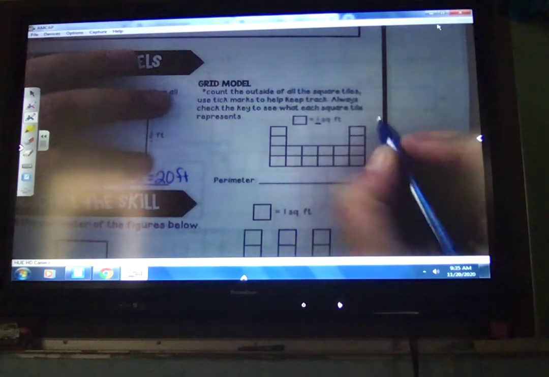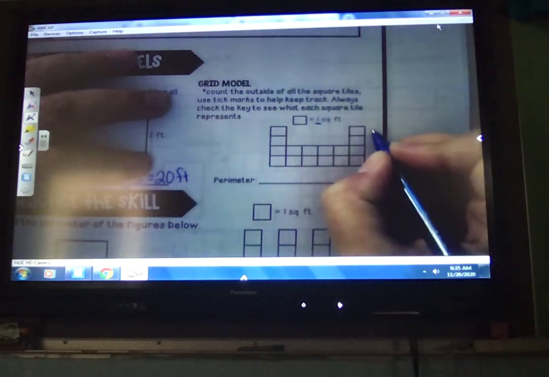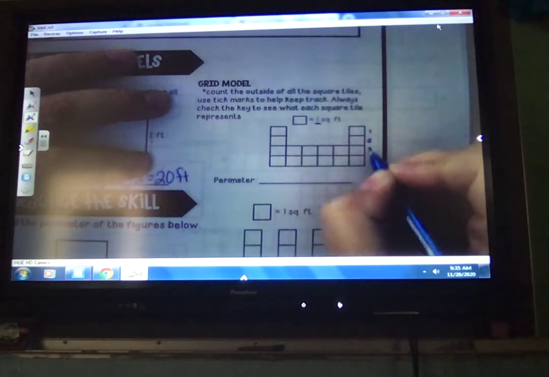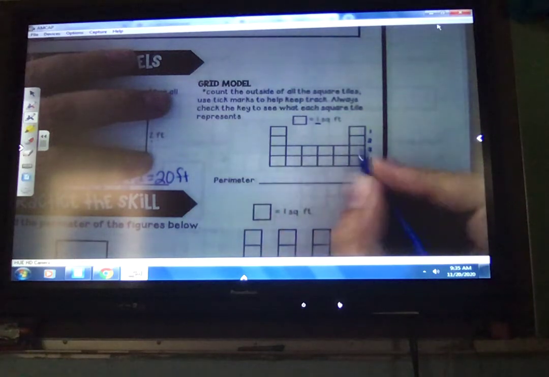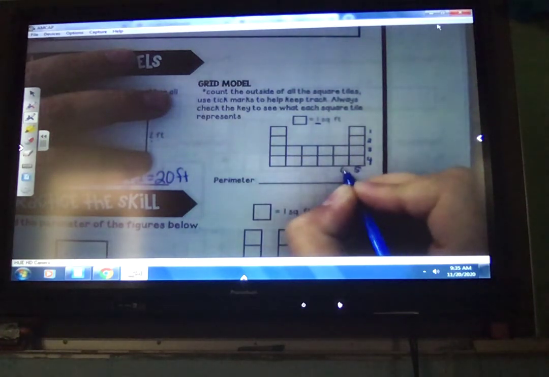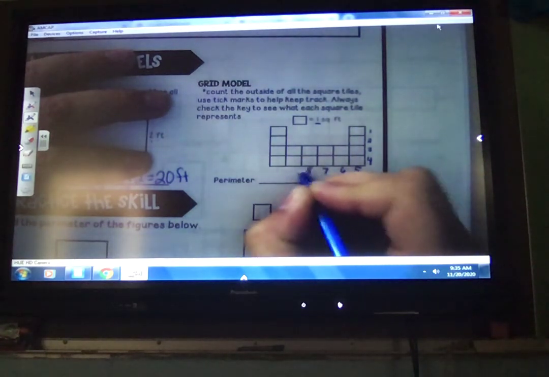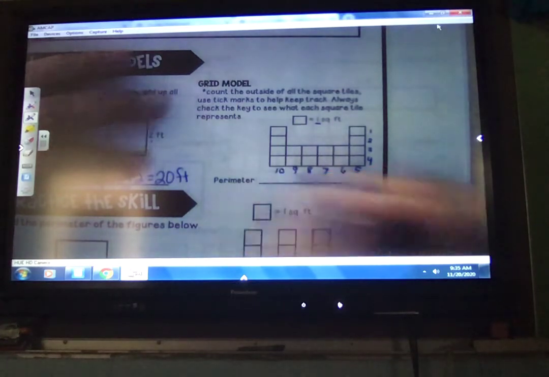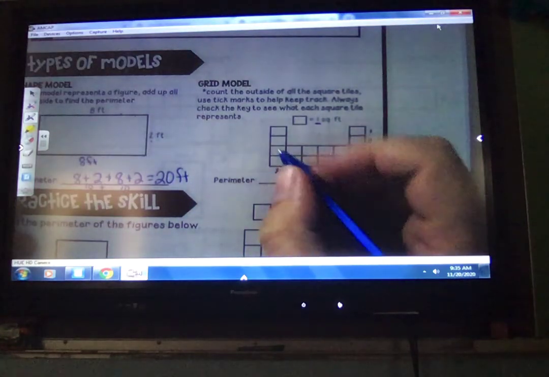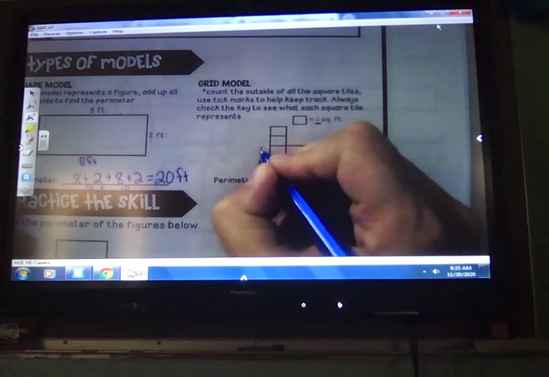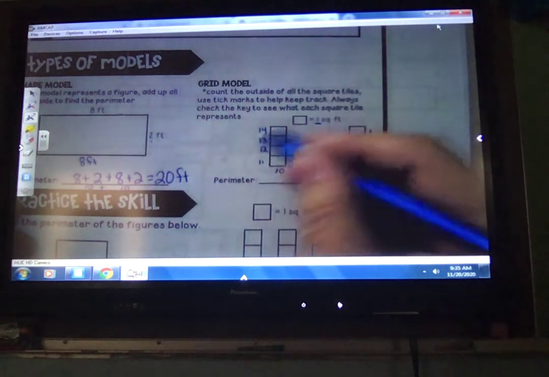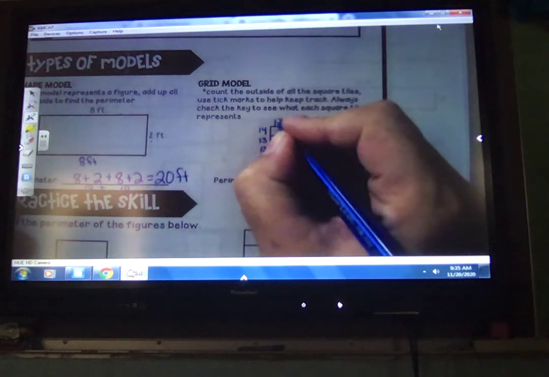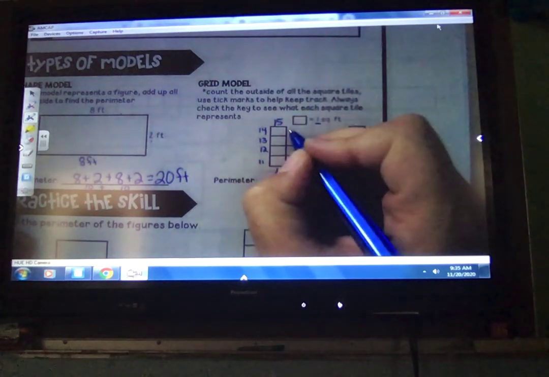I'm going to start on this side. 1, 2, 3, 4. Now I've got to turn a corner, keep walking. 5, 6, 7, 8, 9, 10. And turn a corner and keep walking. 11, 12, 13, 14. Turn the corner, keep walking. 15. Turn the corner, keep walking.